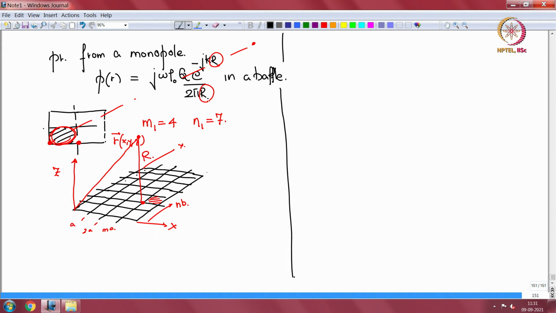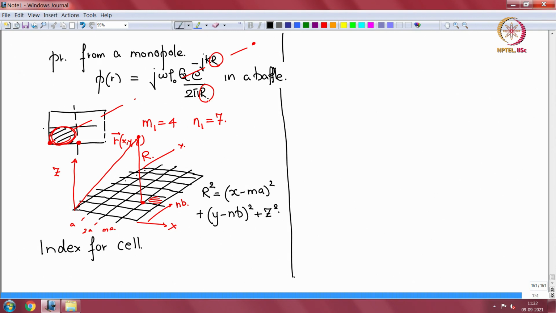R squared is x minus ma whole squared plus y minus nb whole squared plus z squared. Now we need an index for the cell, which also represents the distance. ma will be the x distance, nb will be the y distance.